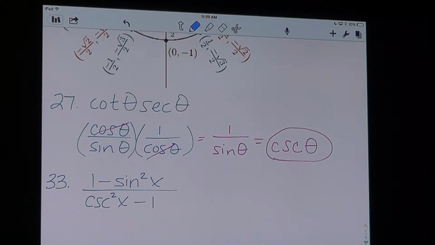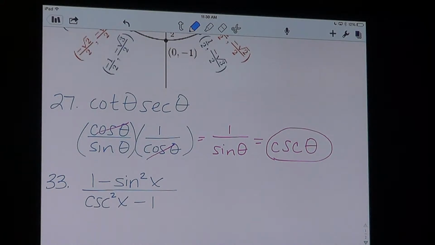Now, looking at your identities sheet, which category of identities do you think is going to be helpful for this problem? Pythagorean? Yes. The Pythagorean identities are going to be helpful for this.